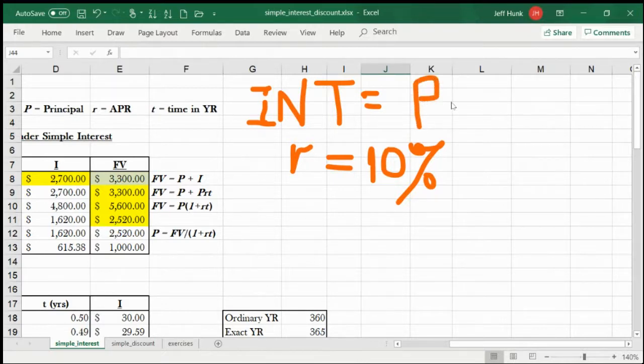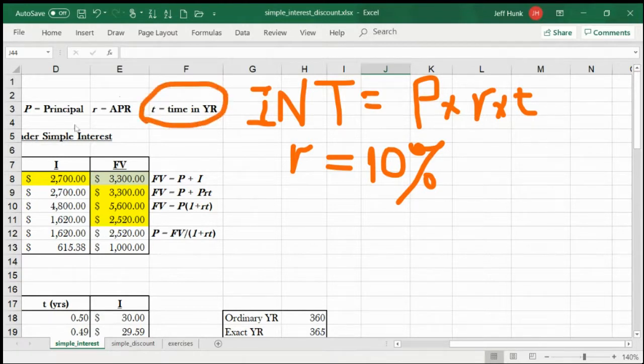You arrived at $1,000 because you multiplied 10,000 by the interest rate. And is that all? No, you put it there for 1 year, and T stands for time in years.